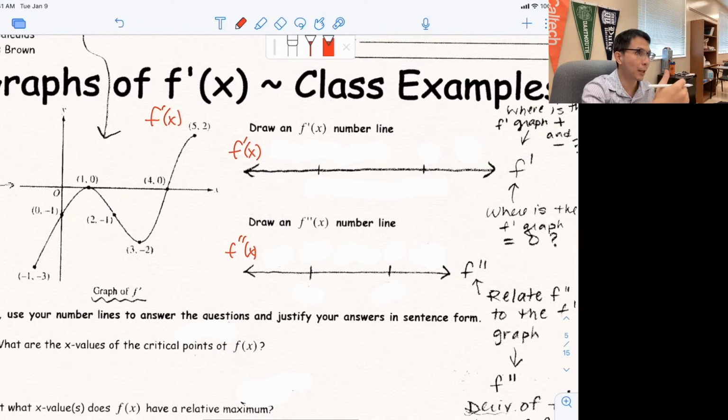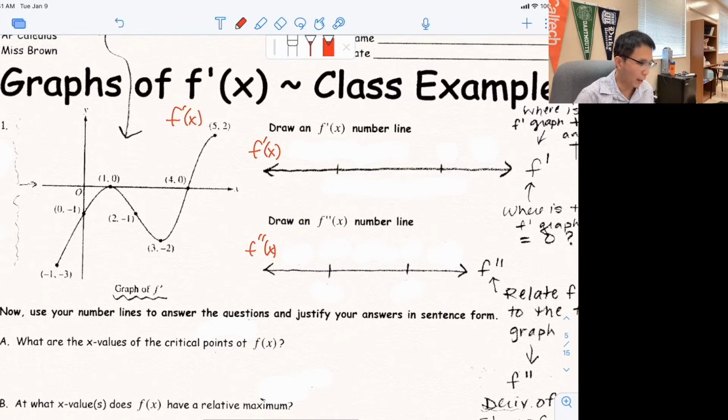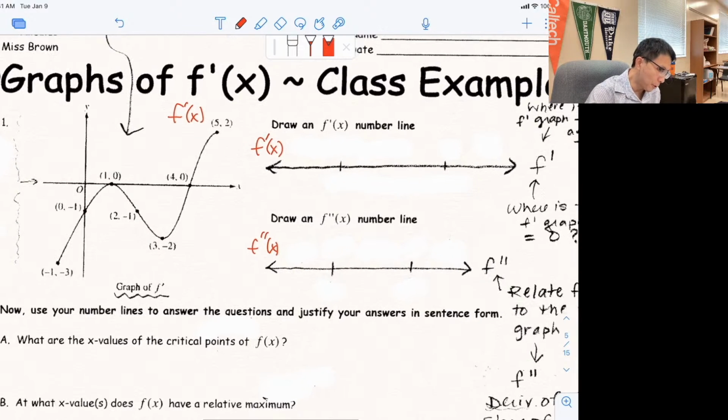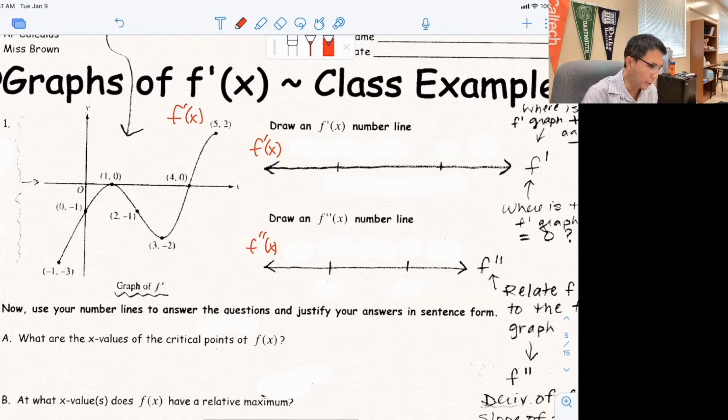I think Robert was saying he has a hard time graphing the original functions, but we need some type of tools to get there. So how do we graph what happened in the original function? We need all this information, so I'm going to show you the number line test.